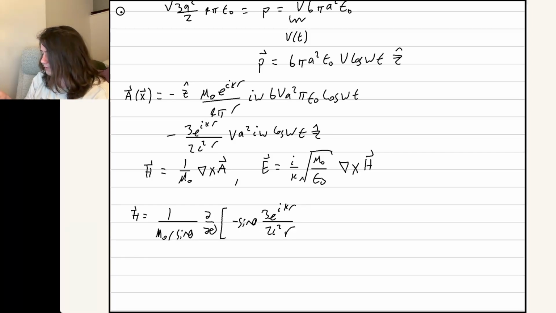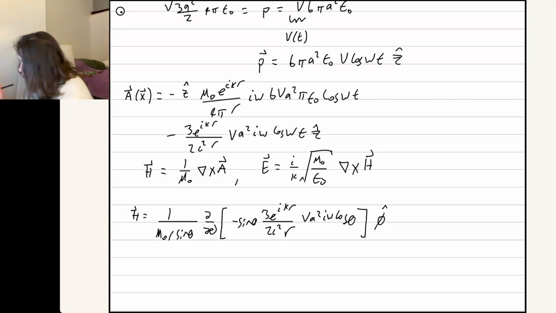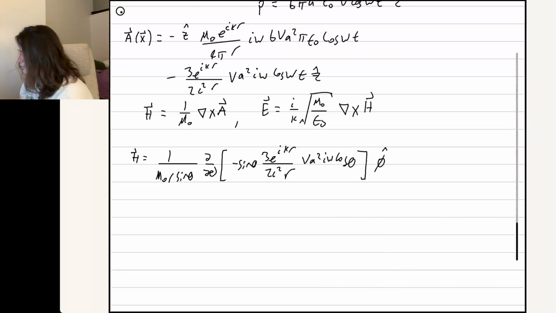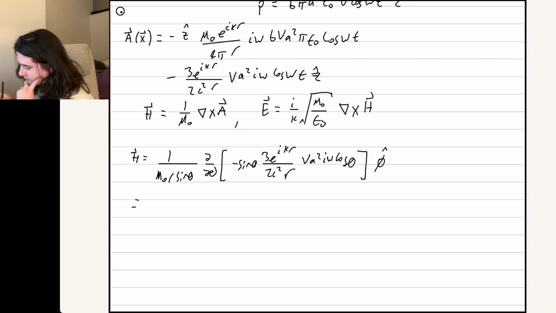We have va squared i omega cosine theta, pointing in the phi hat direction. So that derivative can be a little silly, and we're going to end up neglecting a part of it, and you'll see why.